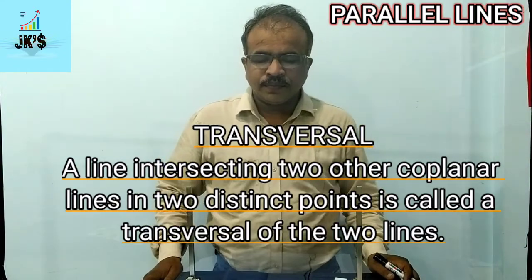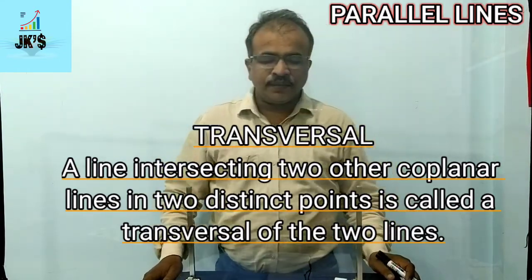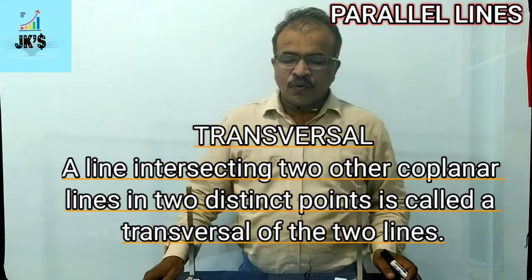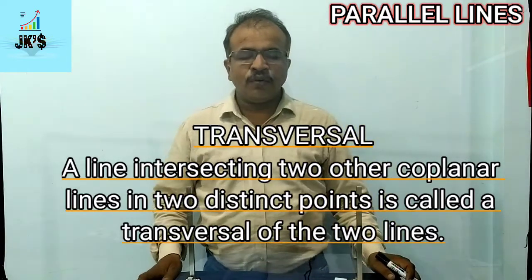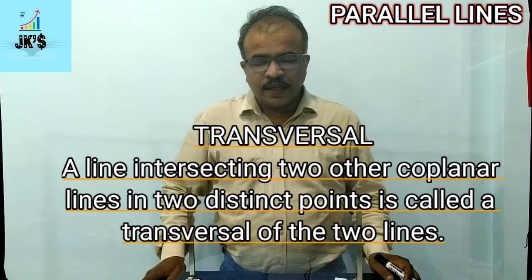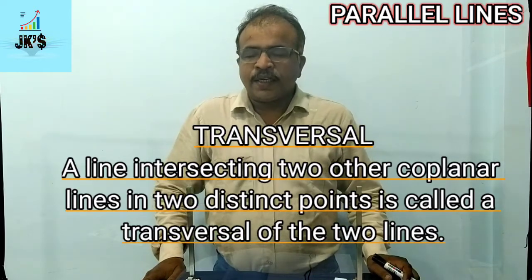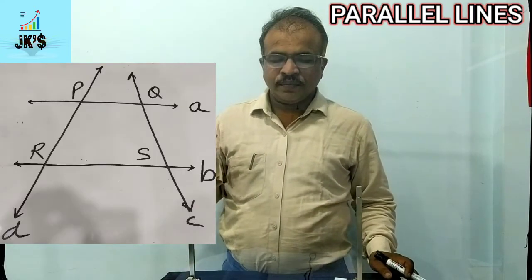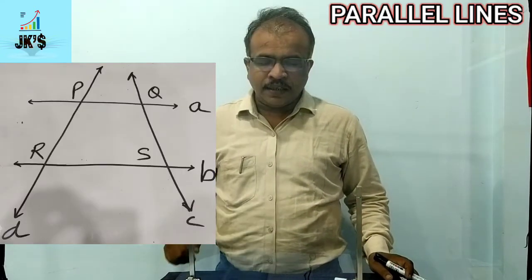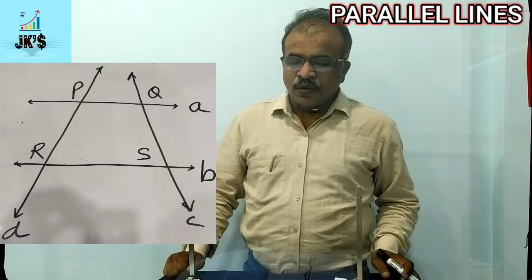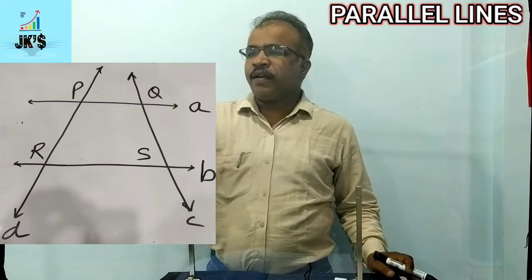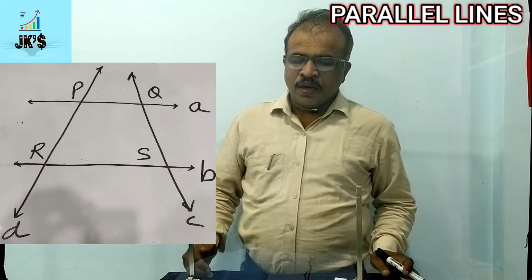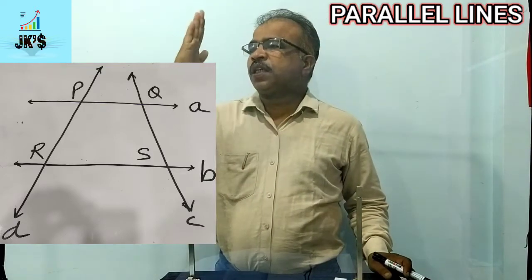Transversal means a line intersecting two other coplanar lines at two distinct points is called a transversal of the two lines. When we see this figure, it is clear that there are two lines A and B, and two transversals are given here.